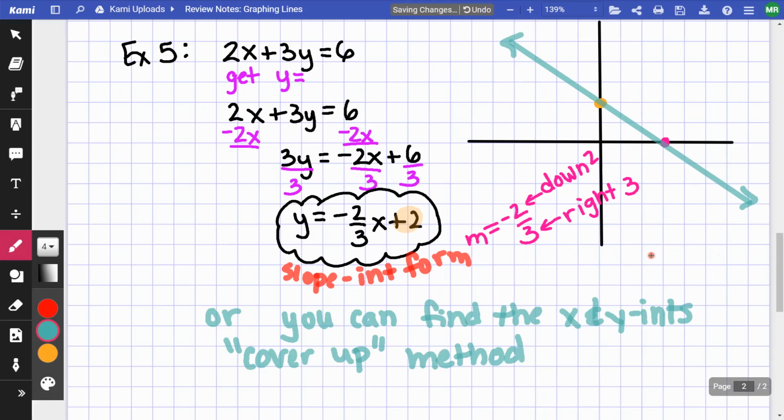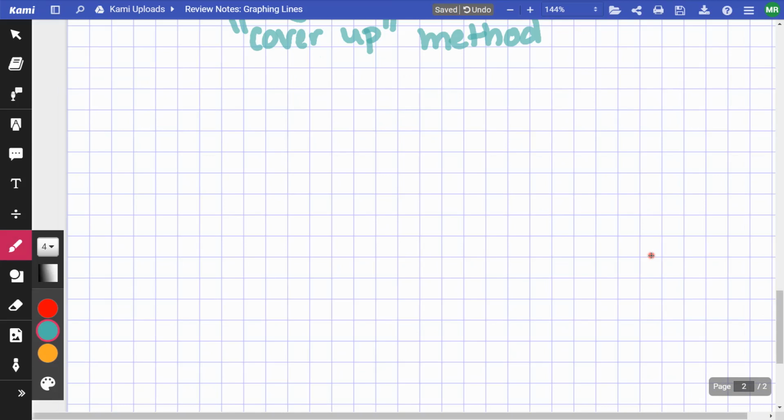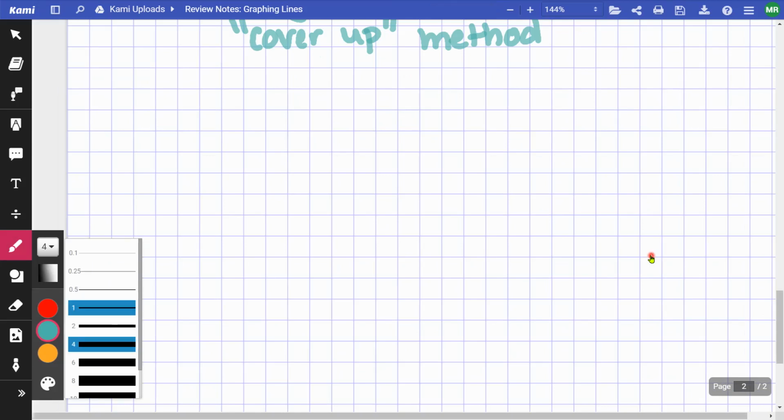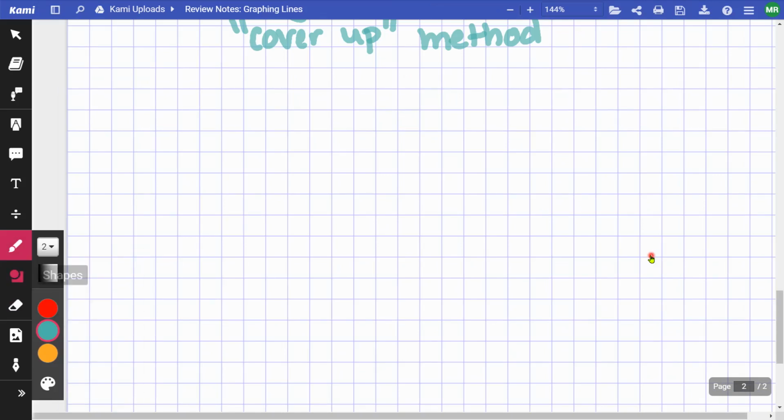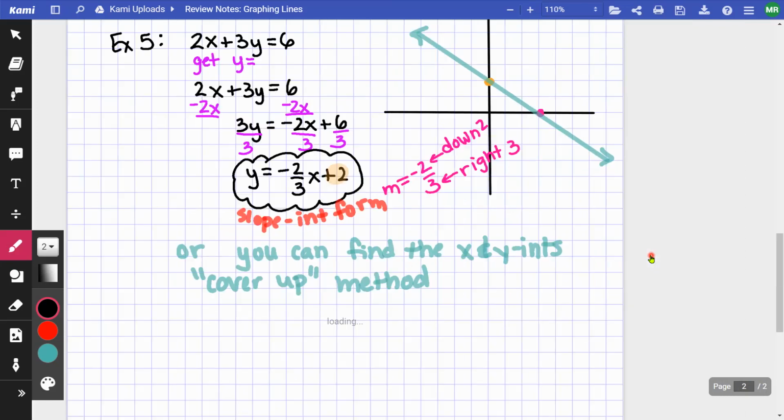So I'm going to rewrite the equation. I'm going to be using the same equation: 2x plus 3y is equal to 6.